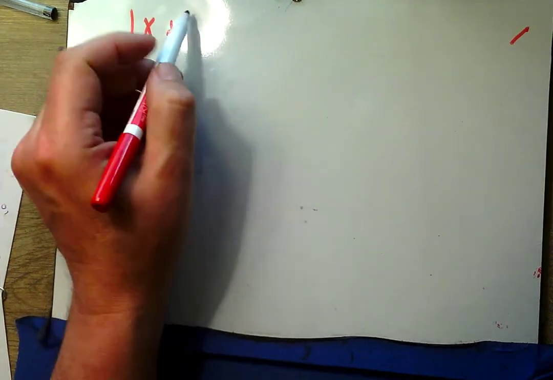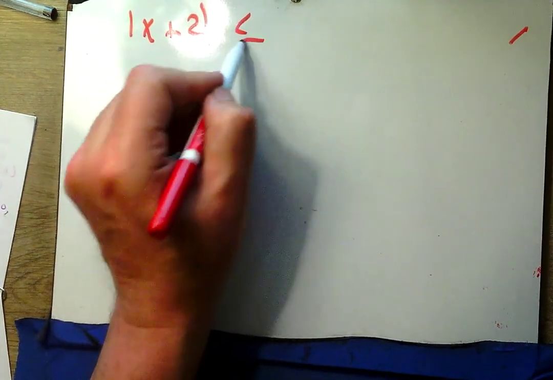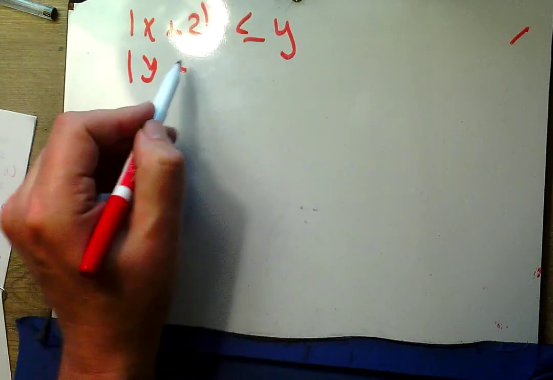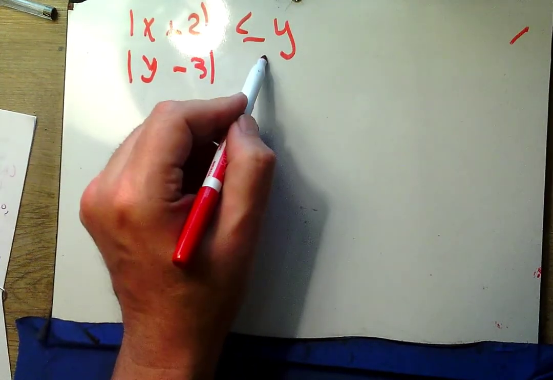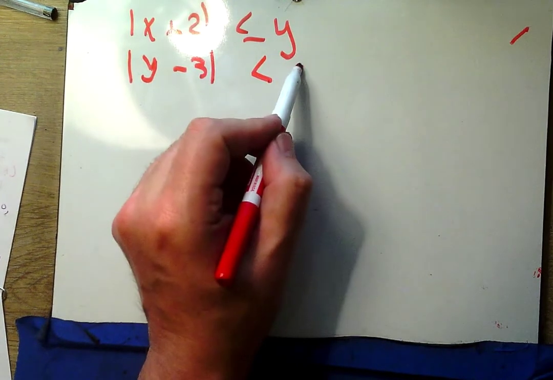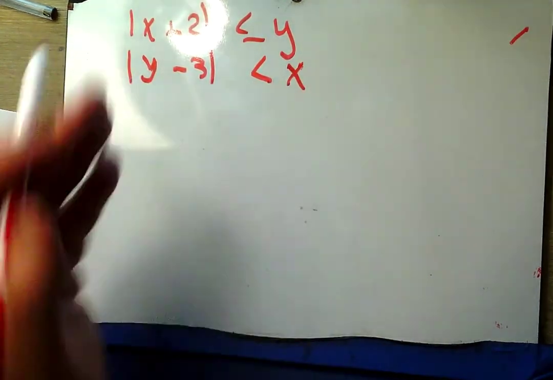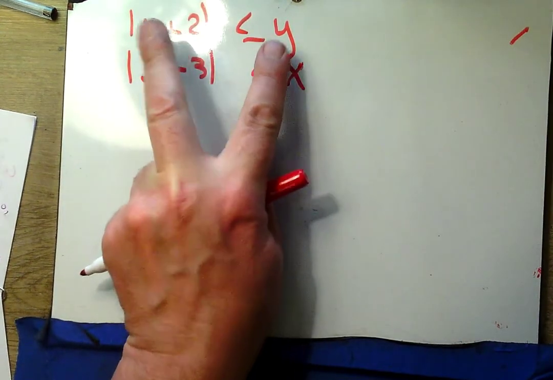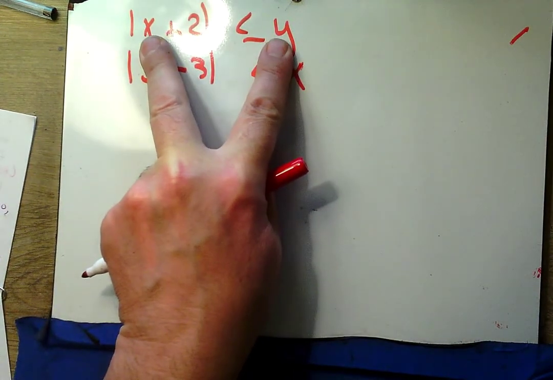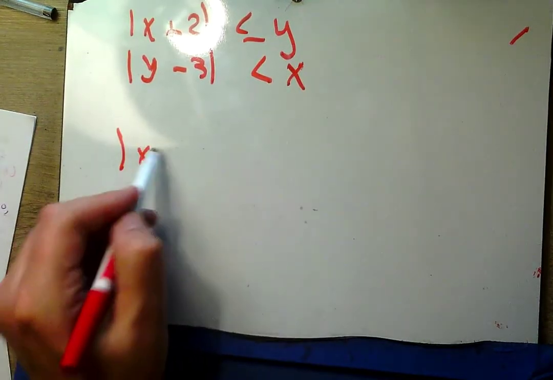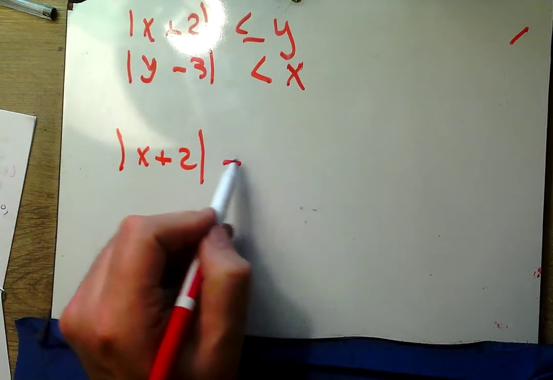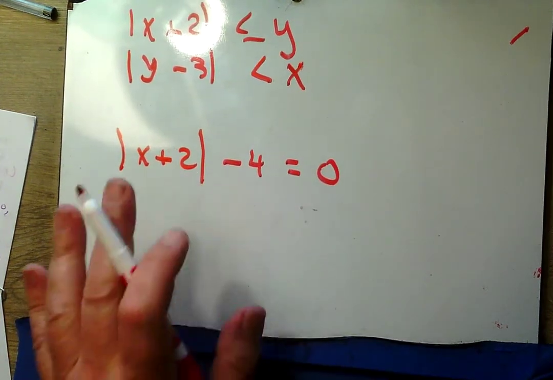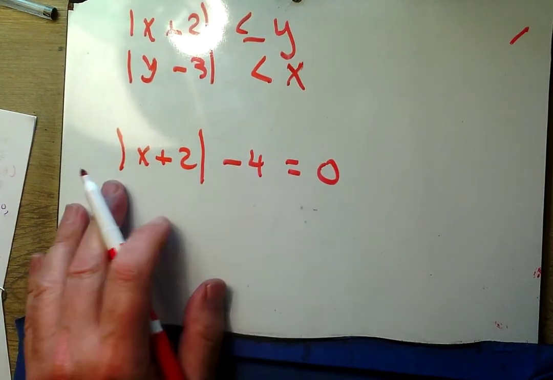Absolute x plus 2 is less than or equal to y, and absolute y minus 3 is less than x. Now I get the absolute value V's. So here's the thing. In order to get the V shape, I need an x and a y. What I had before was this, and there are no y's here.